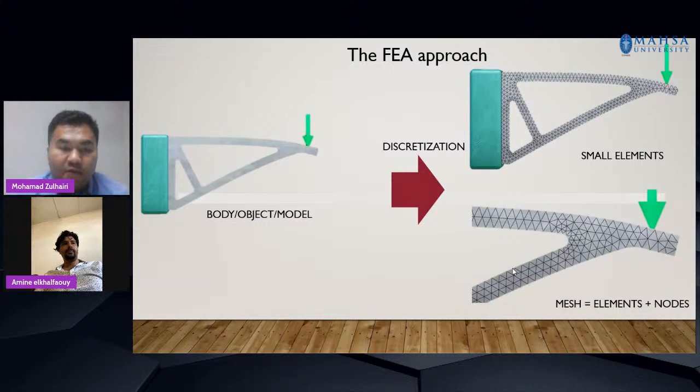This process of splitting the body or object into small elements is called discretization. By dividing the total body into small elements connected by nodes, the total elements and total nodes in a body we call the mesh, which is the summation of the elements and total nodes in the body.